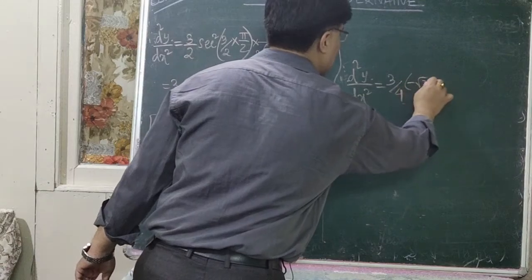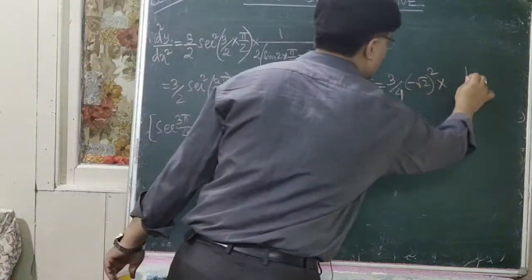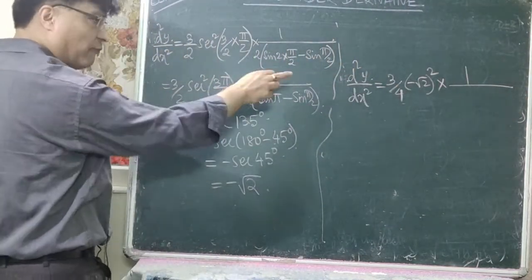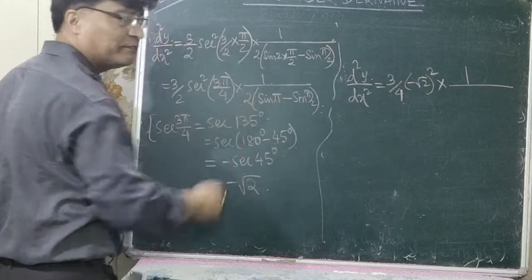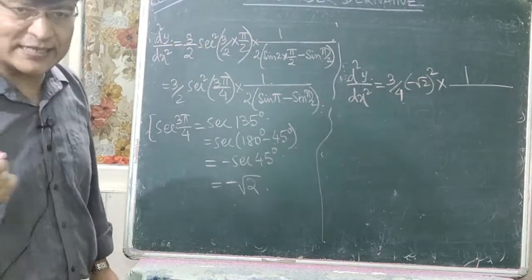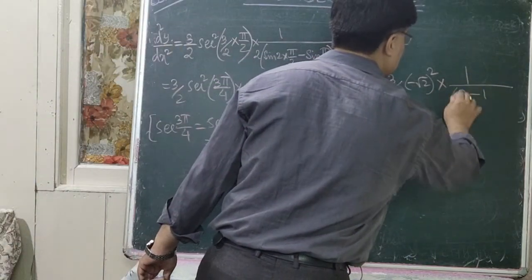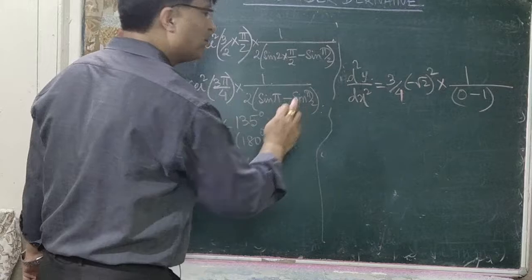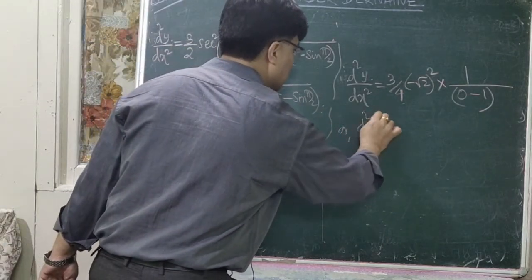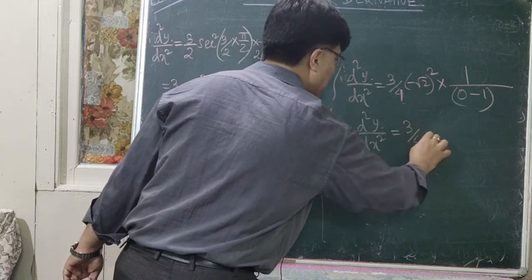So it is minus root 2 whole square into 1 upon, so we have already written this 2 with this 2, that is 4, right? What is sine pi? You know that sine n pi is always 0 wherever n is any integer. That means sine pi is always 0, 0 minus 1. So what is the value for sine pi by 2? That is always 1.